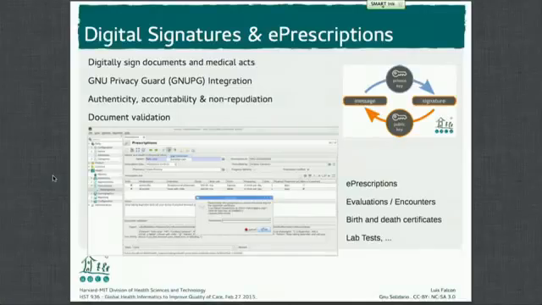We have also incorporated digital signature for most of the documents, meaning that as a health professional, I can sign using GNU PG, Privacy Guard. In this case, we have a prescription, but you can do the same for an evaluation, surgery, and other types of medical processes or procedures.